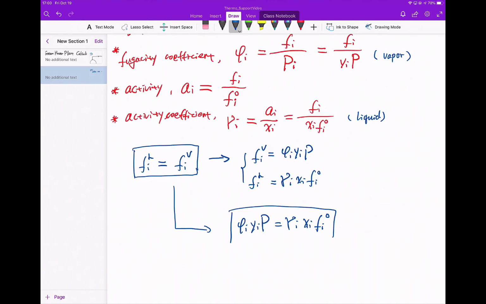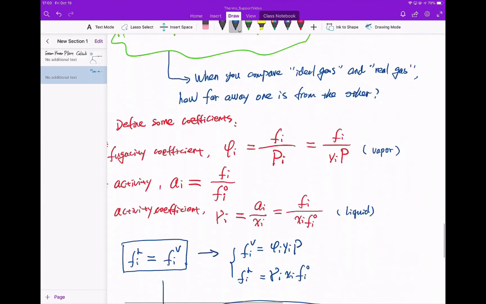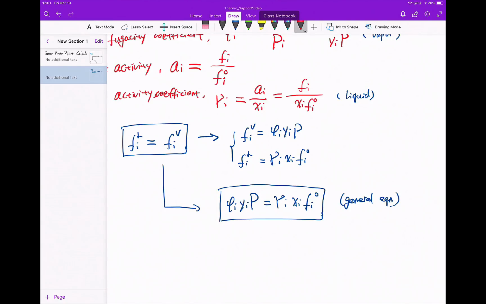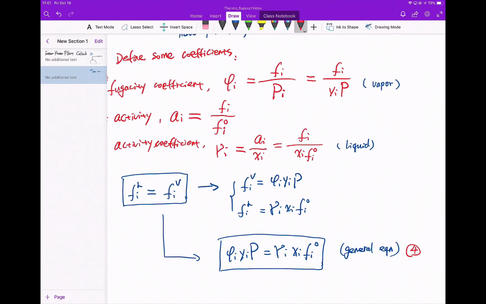This is also a general equation. We don't specify anything about dilute, anything about low pressure, anything about real gas. So this is a general and very useful equation as well. Let's call this equation 4. So this is how we discussed our calculations for the fugacity.